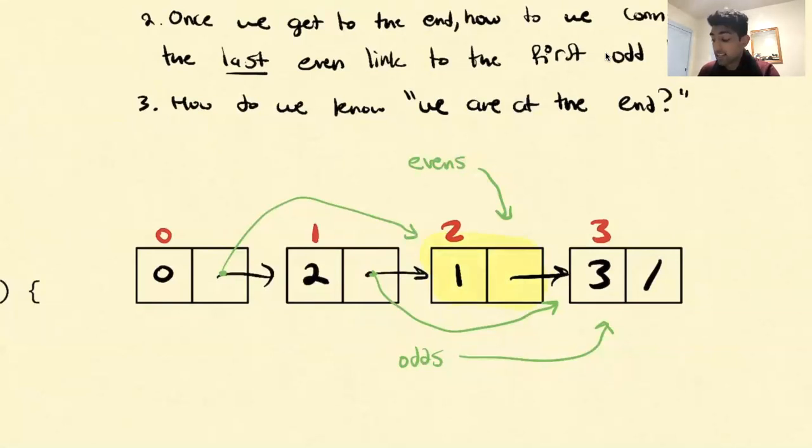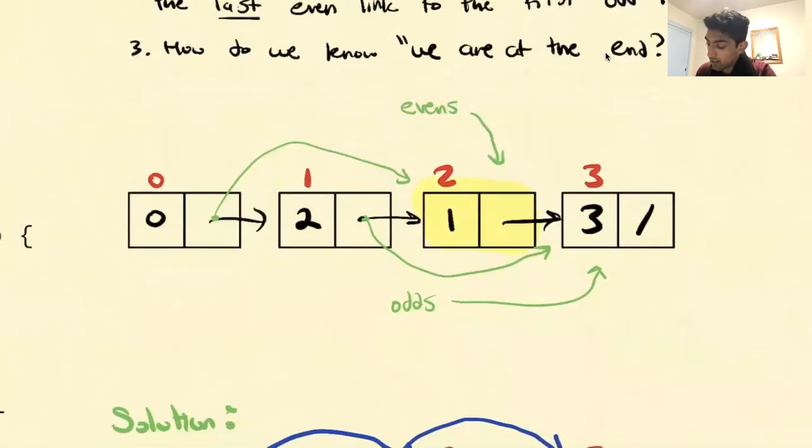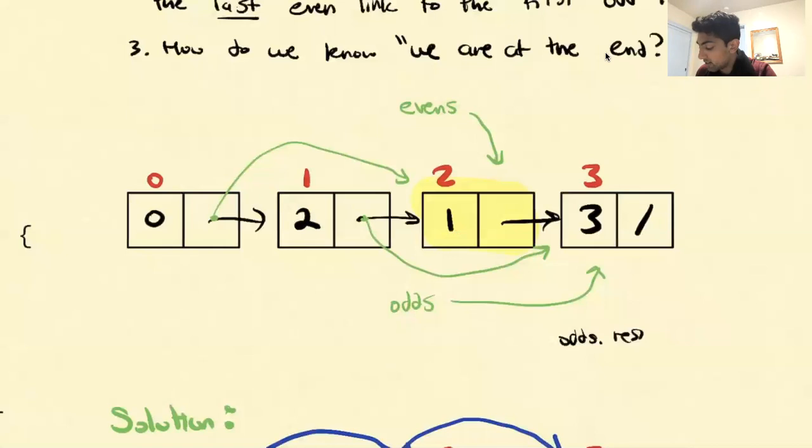And now evens is at the last even index link, which means we should terminate the process of looking forward, right? So how we want to do that is we want to say that odds dot rest is null, which implies that we are at the end.